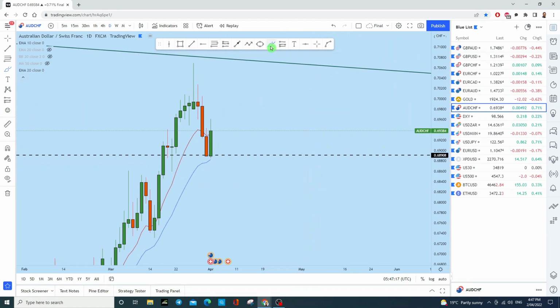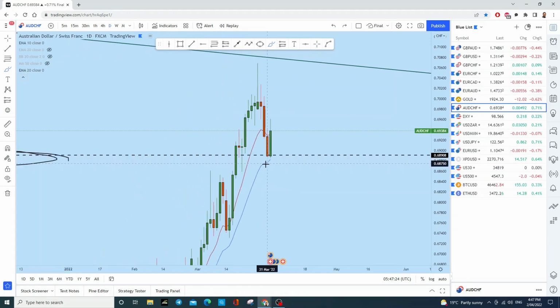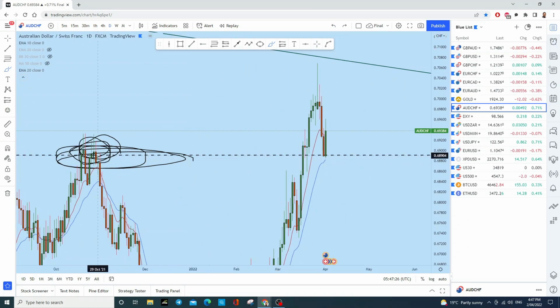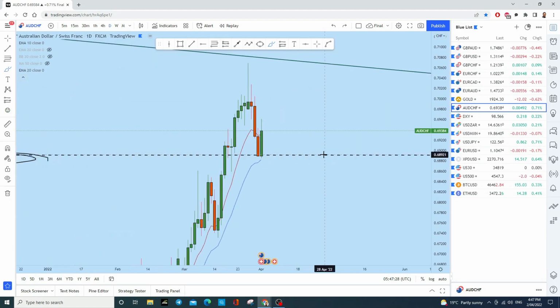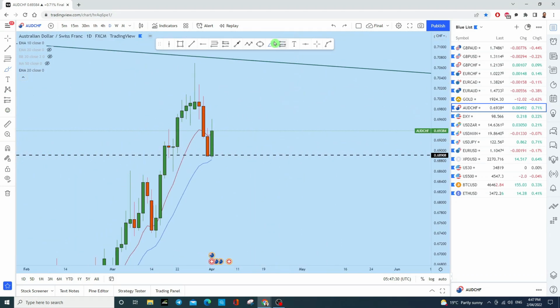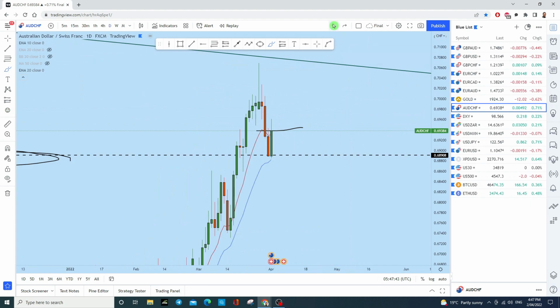This is a perfect bullish engulfer sitting on top of this 20 period moving average, and also this dotted line is where we see the level of support, and from here we might see, after a little retracement, AUDCHF pushing to the upside. So even if we take this trade from here, keeping stop loss below, we can target up to here, which could give us a significant risk to reward ratio.